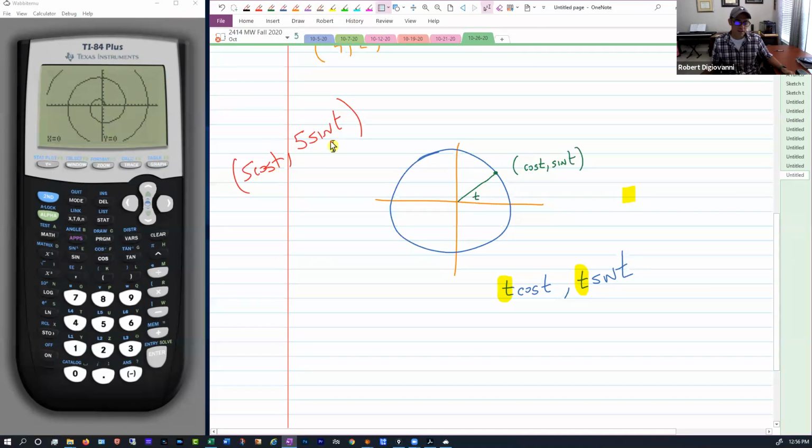When it's just cosine t, sine t, it draws you a circle of radius 1. But if I make the thing in front also dependent on t, it's trying to draw a circle with a radius that's getting bigger. And so it draws me a spiral.